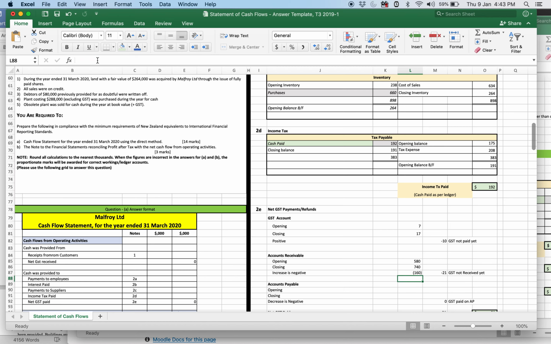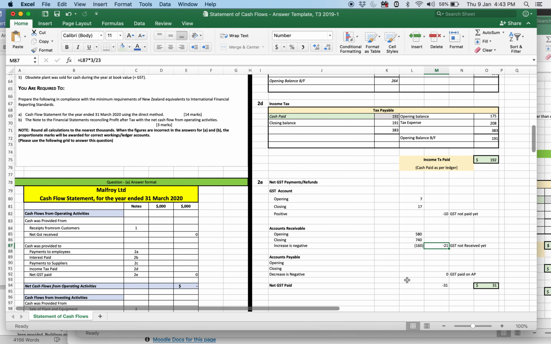Somebody can show me how to do that better one day. Okay, so really what you can see there is that it's increased by 160. Right, so if it's increased, basically we're hanging on to, we haven't received $21,000 worth of GST. All right, okay, so that makes sense.